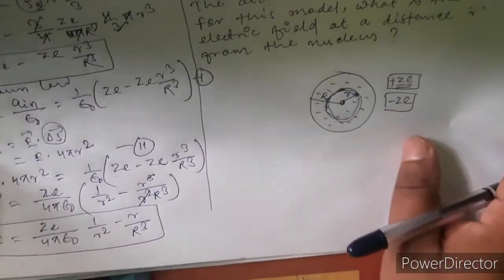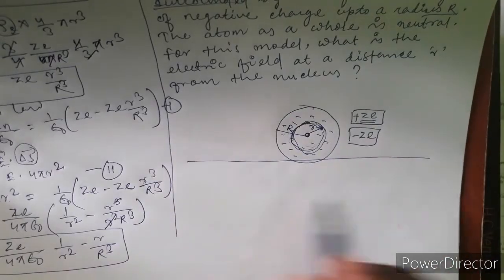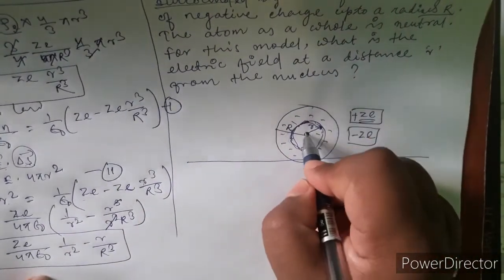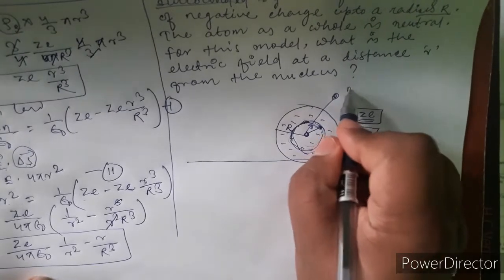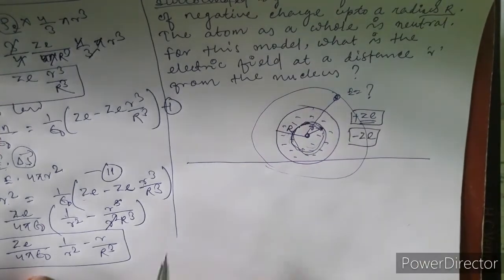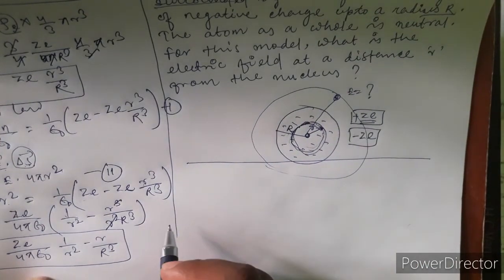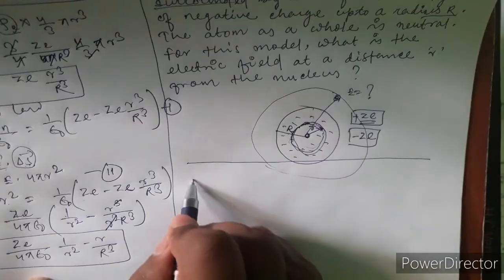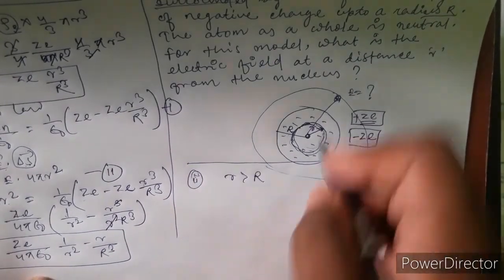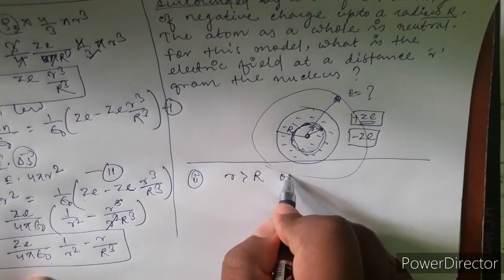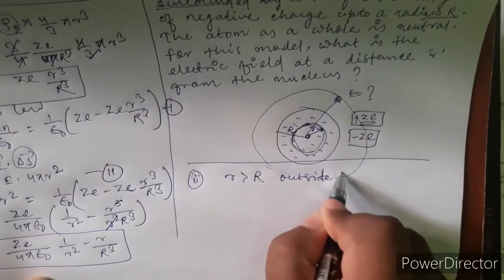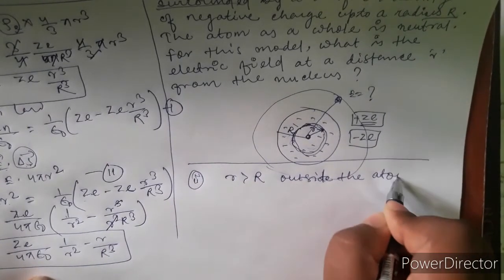What will be the electric field outside the sphere? Now outside the sphere, suppose somewhere here we are interested to calculate the electric field. Now we will draw a larger Gaussian surface. So this is case 2, when r is greater than capital R, that means outside the atom.